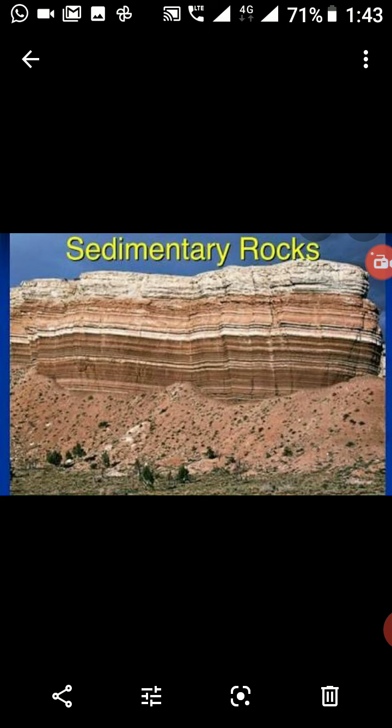Next is classification based on their origin: mechanical, chemical, and organic types of sedimentary rocks. Mechanical sedimentary rocks are nothing but clastic types of sedimentary rocks.